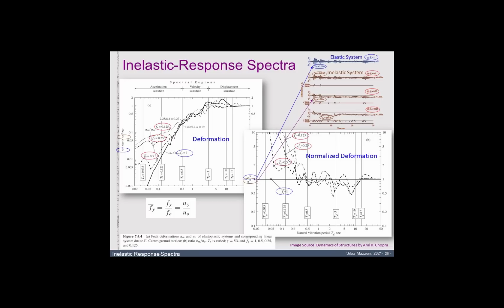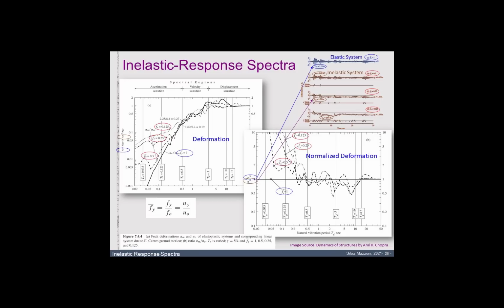So this one here is purely deformations. It's the maximum displacement. On the left it is divided by the ground displacement, or you can normalize it with respect to the elastic displacement. So now you're taking the amplitude of your structure and the amplitude of your earthquake out, because you're normalizing it by the maximum elastic displacement. And so you'll look at these normalized deformations.